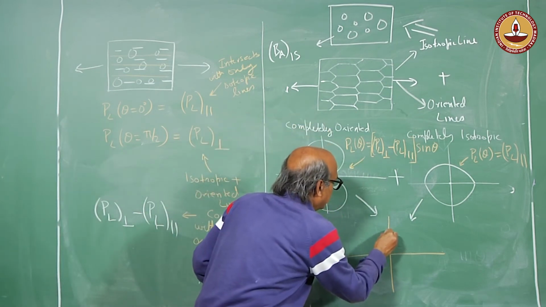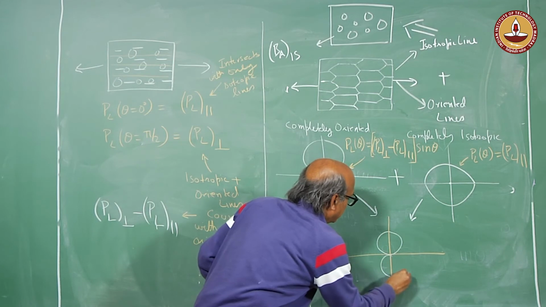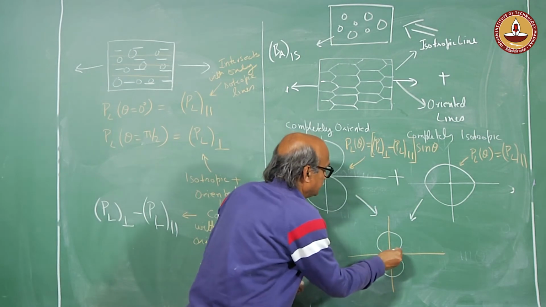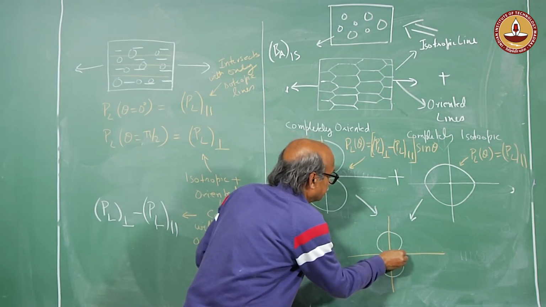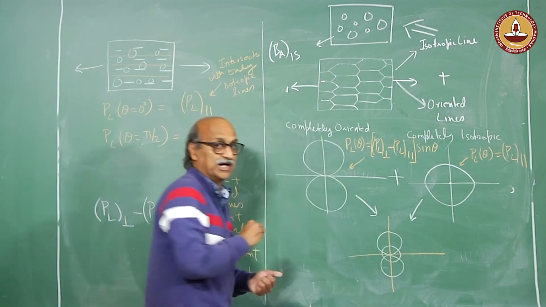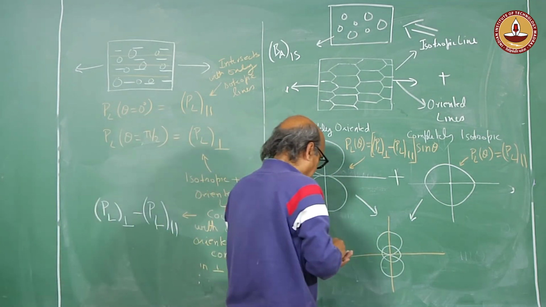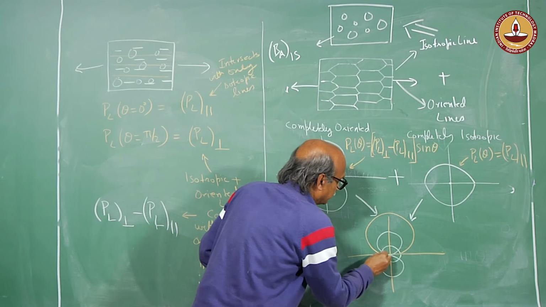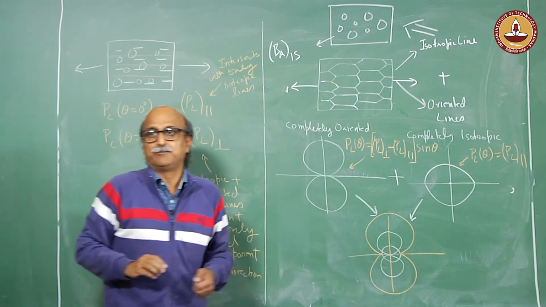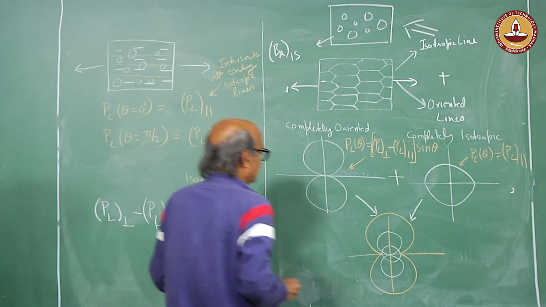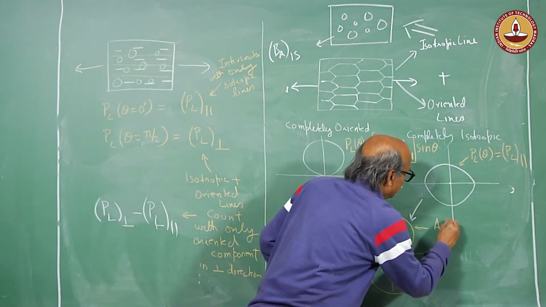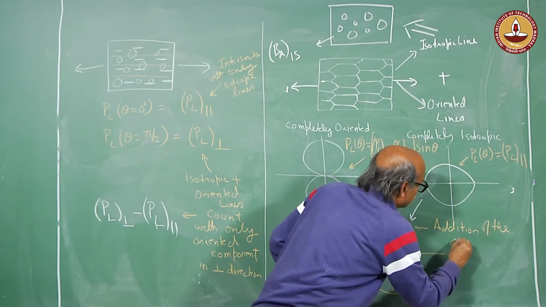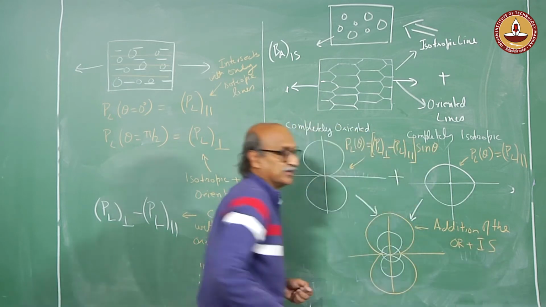I have the completely oriented part, superimpose on this the isotropic part, and then add up these two polar plots, and I should get a polar plot like this. So, this is the addition of the two, of the oriented plus isotropic.